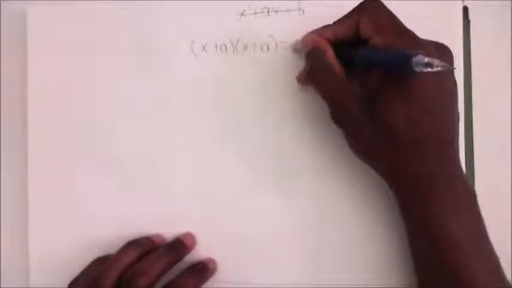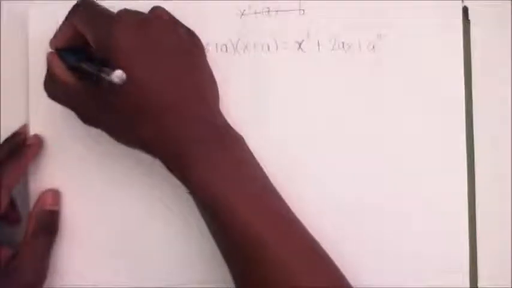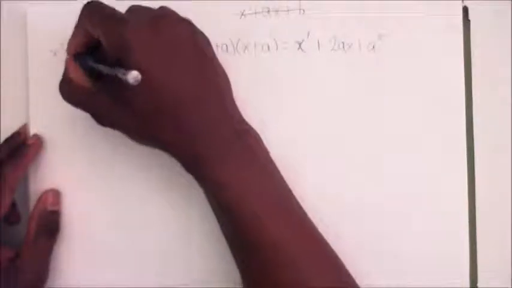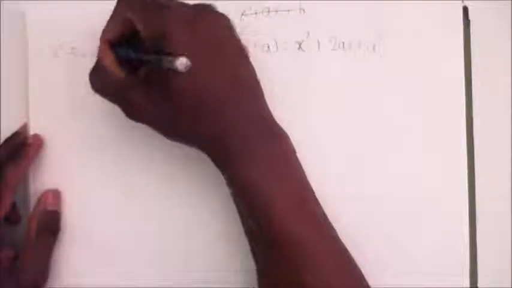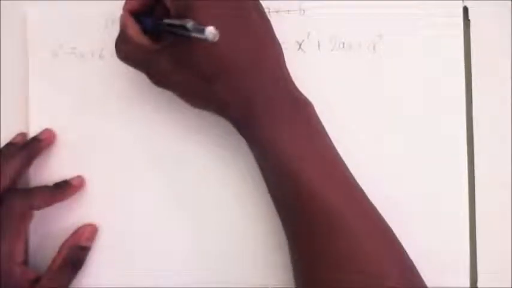Okay, so let's say I need to solve x squared minus 5x plus 6 equals 0. Okay, now I know right off the bat that it's going to be x minus 3 equals 0, or x minus 2 equals 0, which means x is equal to 3 or x is equal to 2.